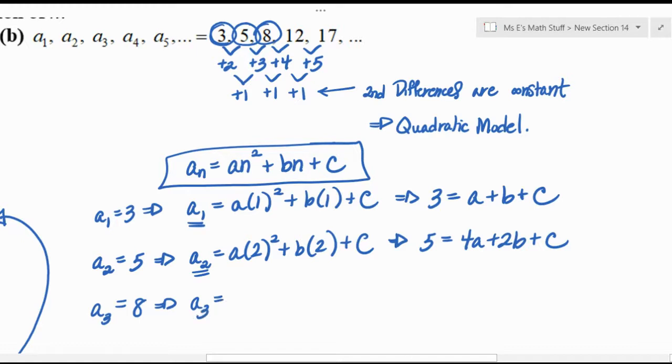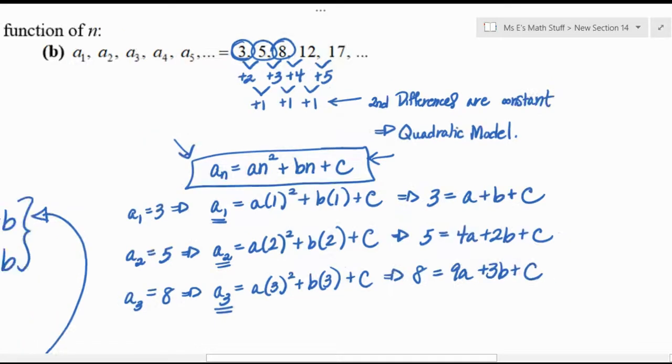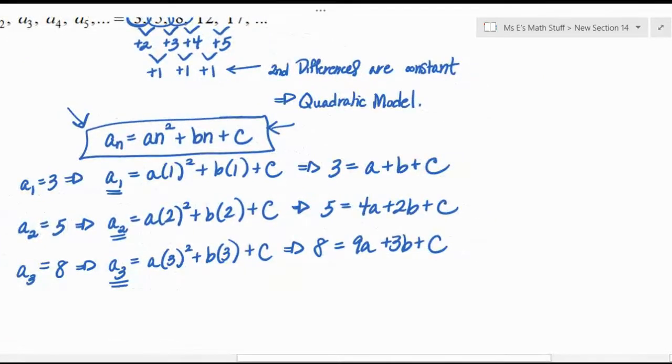So if we go to the base model here and put 3's in for all the n's, then simplify, a sub 3 is 8. There you go. And now you have a system of equations with 3 equations and 3 unknowns, and you get to solve that.